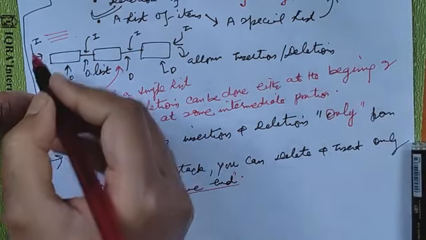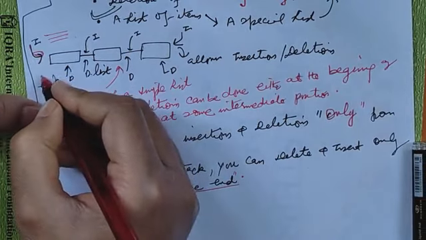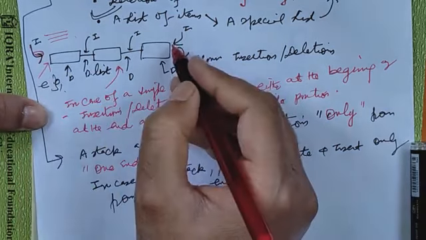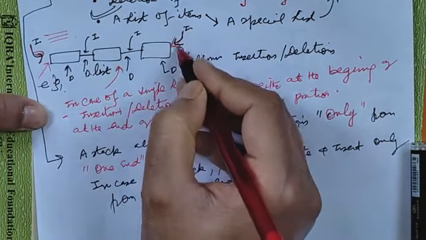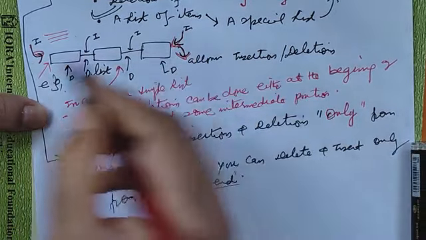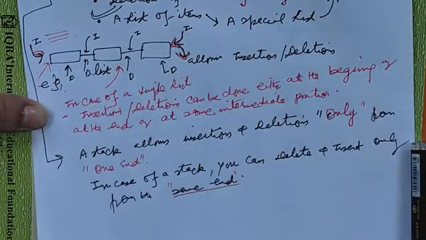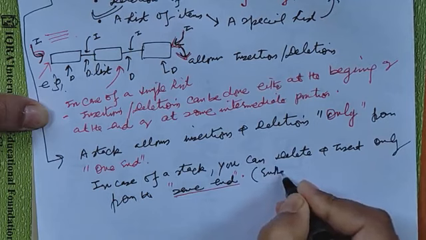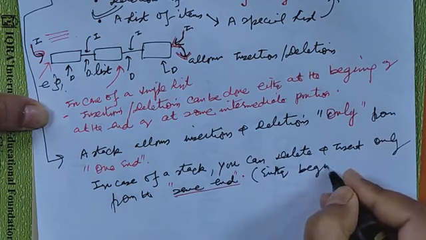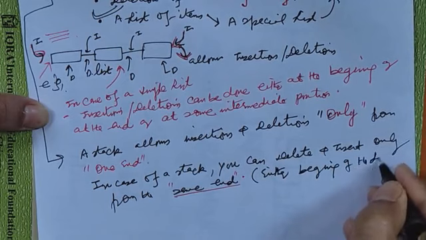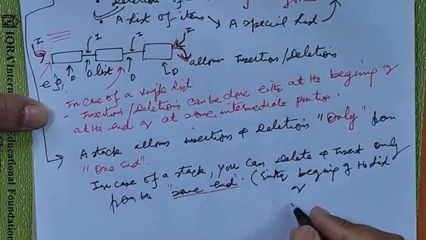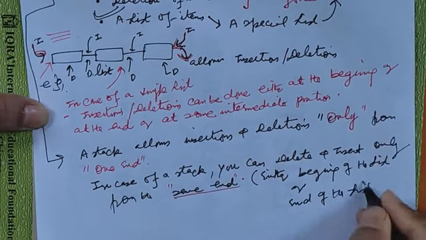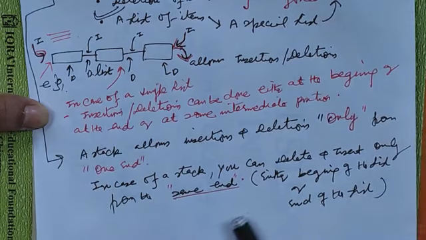That is, if you insert from this end, you have to delete the item from this end only. And if you insert from this end, you have to delete an item from this end only, and the intermediate option is not available, right? So the same end, that is either the beginning of the list or the end of the list.